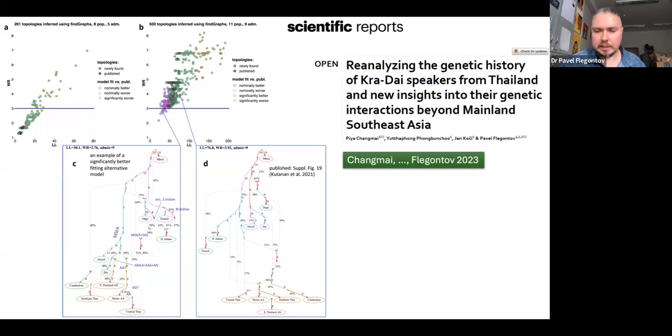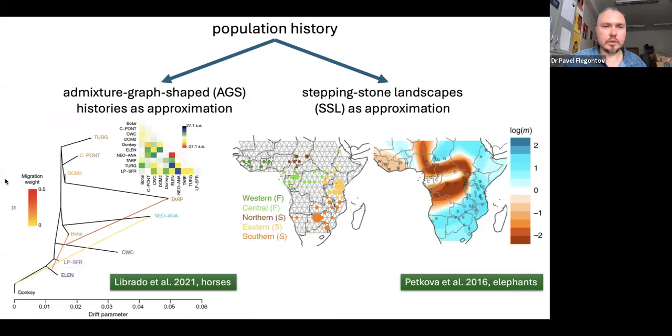For example, nowadays there are even these studies on horses or wolves or dogs, like ancient horses, ancient wolves, and other animals that just take this standard archaeogenetic toolkit, that is PCA, F statistics, qpAdm, admixture graphs, in the admixture graph paradigm, and just, without any changes, transport it to another species, to horses, and apply it there with absolutely wrong conclusions.